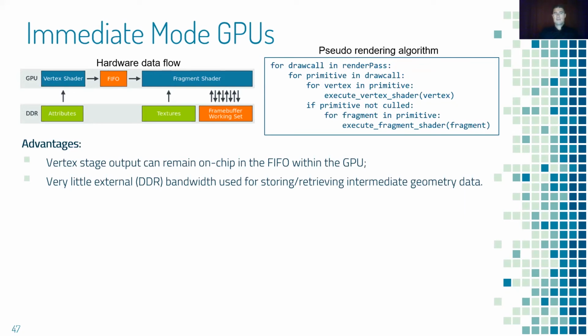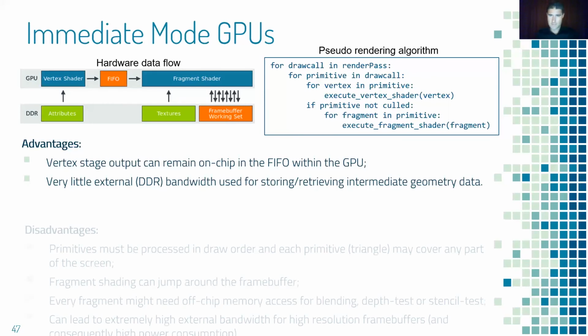Then this geometry is fragment shaded, and there's no need to read it from the main memory because it's within the GPU in this FIFO. So the advantage, of course, is that very little external memory bandwidth is used for storing and retrieving the intermediate geometry data, because most of it is in the fast access FIFO within the GPU.